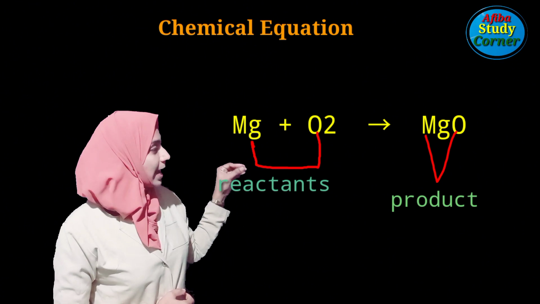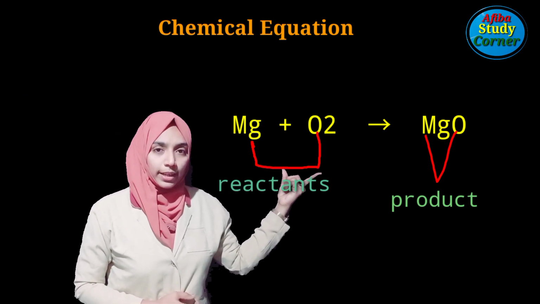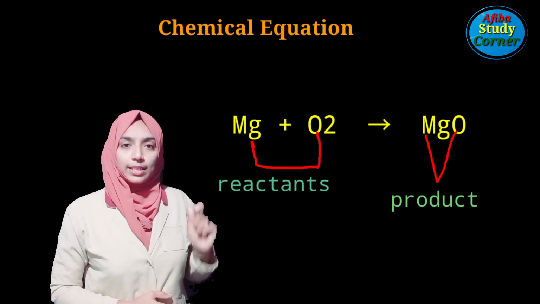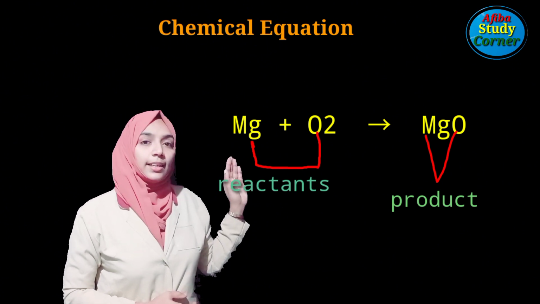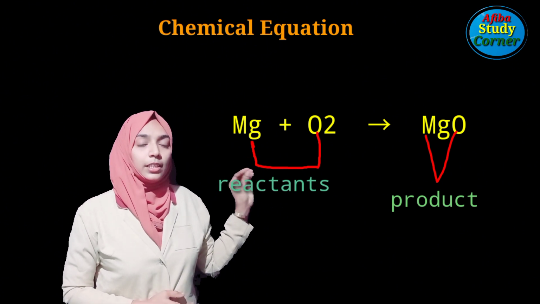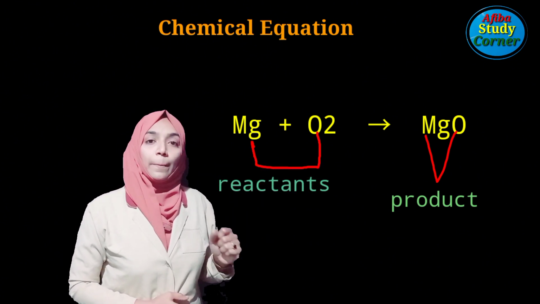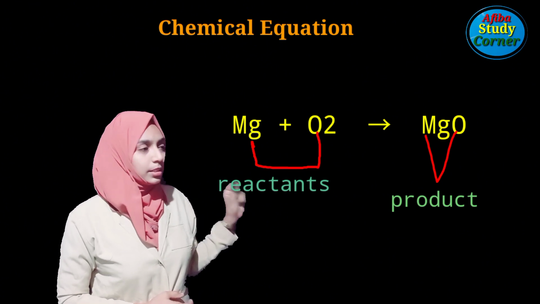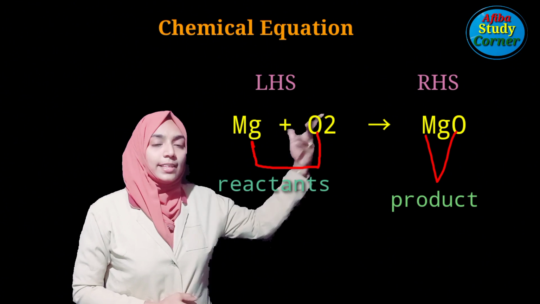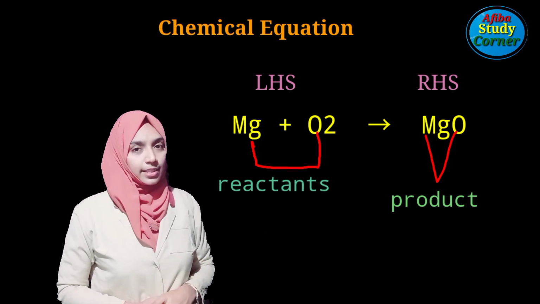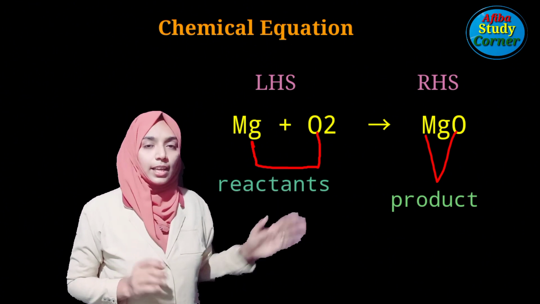So for this reaction, remember these words: reactants and products. According to the law of conservation of mass, the number of atoms present on the reactant side should be equal to the number of atoms present on the product side. So we can represent this side as LHS and the other side as RHS. You remember these things in this equation.